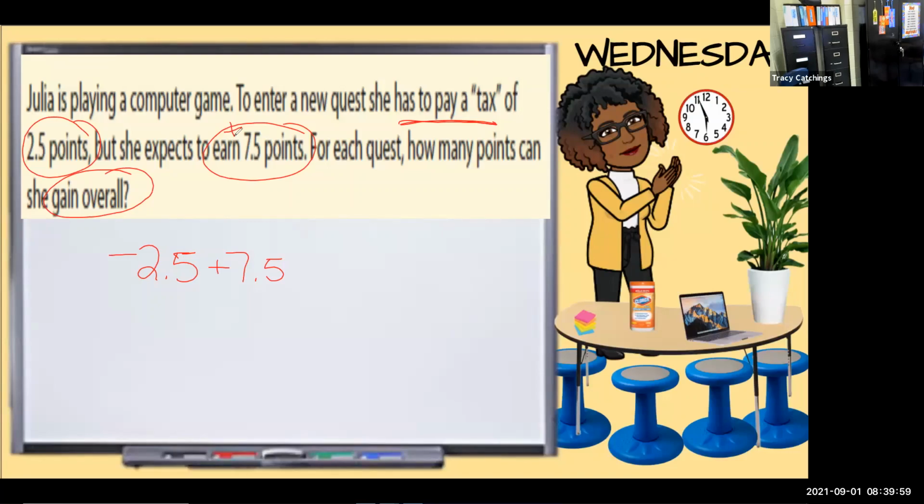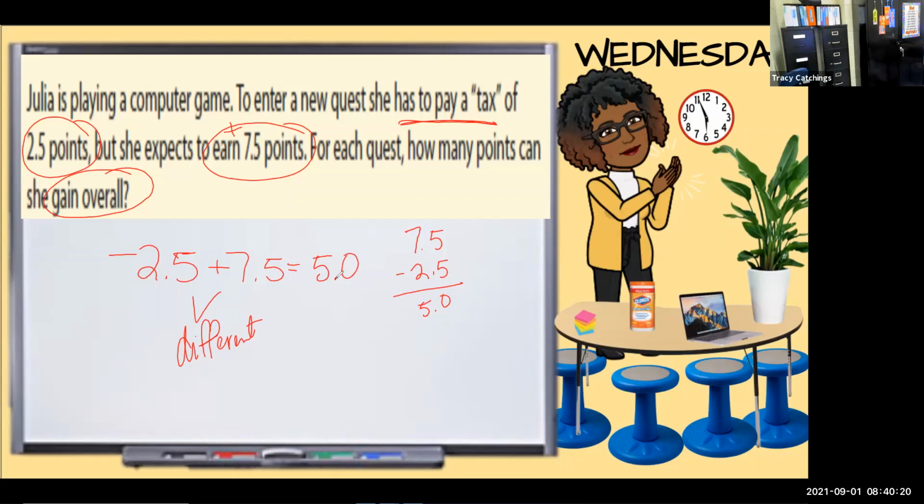Same sign or different? Different. Different signs tell us to subtract, so that would be 7.5 take away 2.5. 5.0. That last step tells us not only to subtract, but to do what?